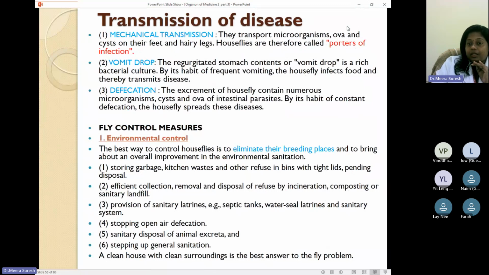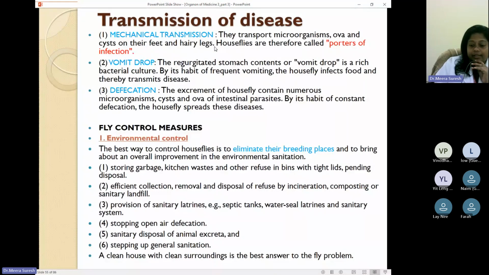Now, we didn't do the protozoal or parasitic diseases now, but in the practice of medicine, we have already done all the parasitic diseases, entamoeba, then schistosomiasis, the tapeworm diseases, whichever we have done.